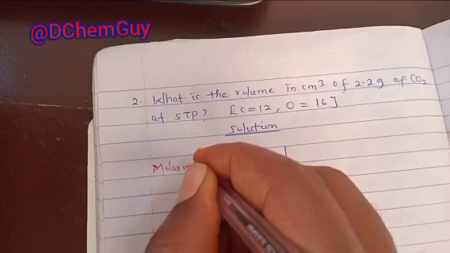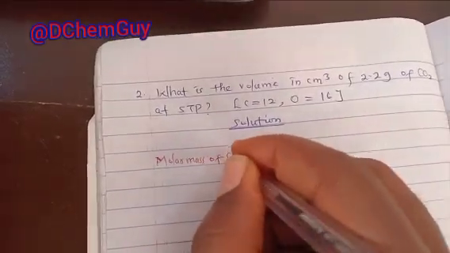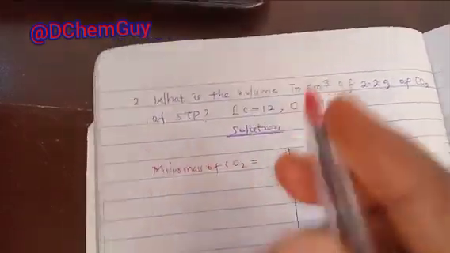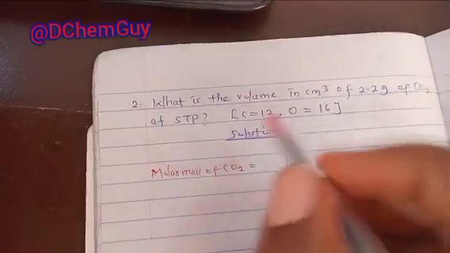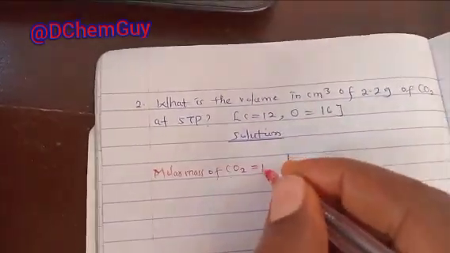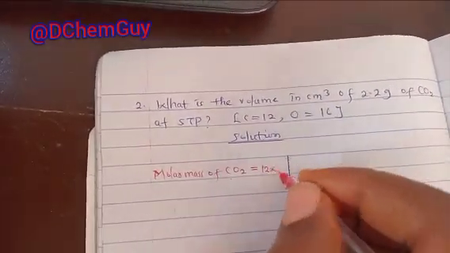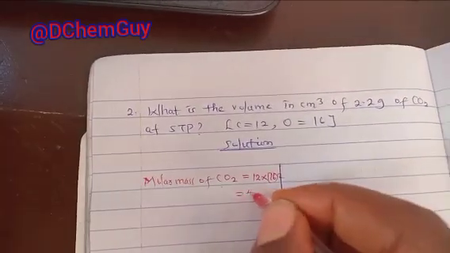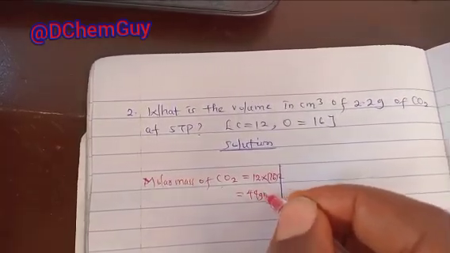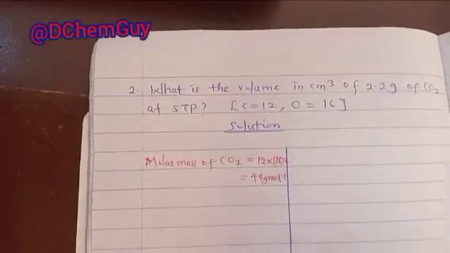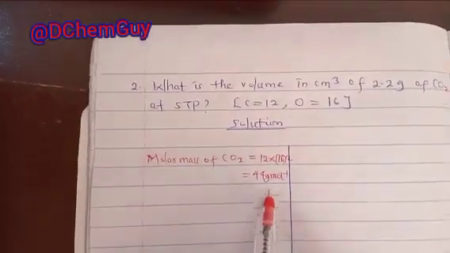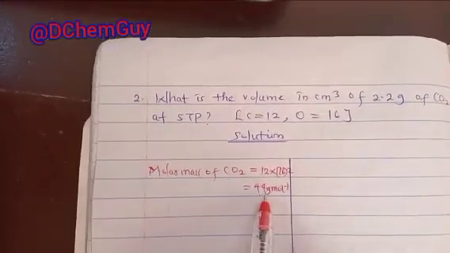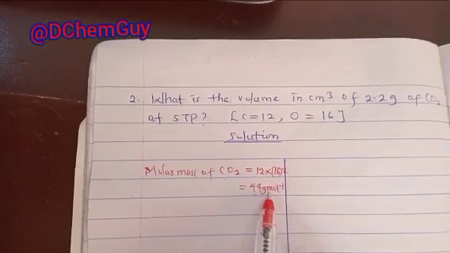Carbon is 12 and oxygen is 16, so 12 plus 16 times 2 gives 44 gram per mole. Like I said earlier, the unit of molar mass is gram per mole.